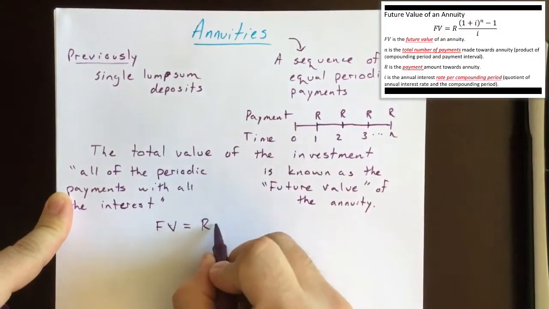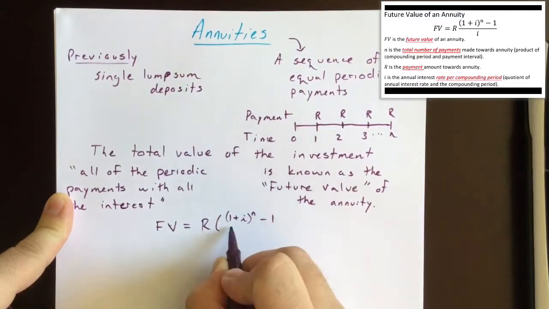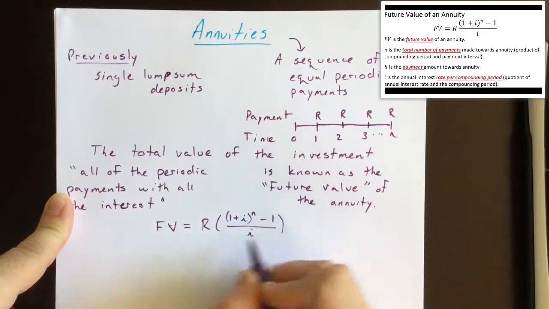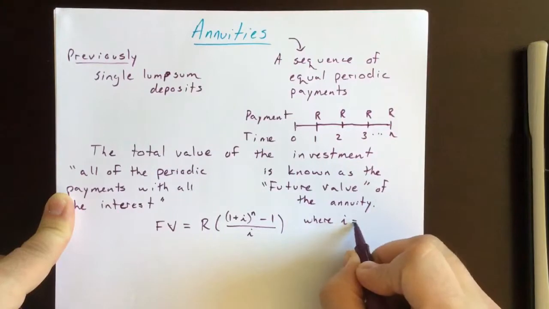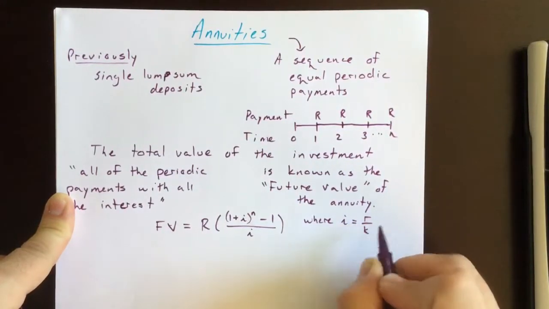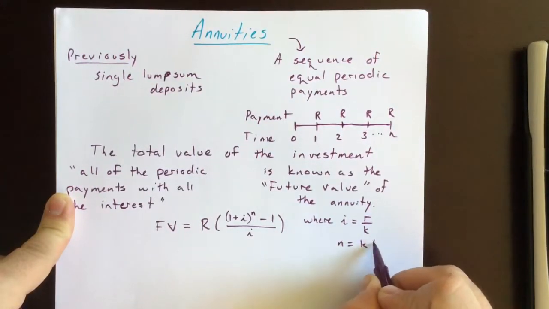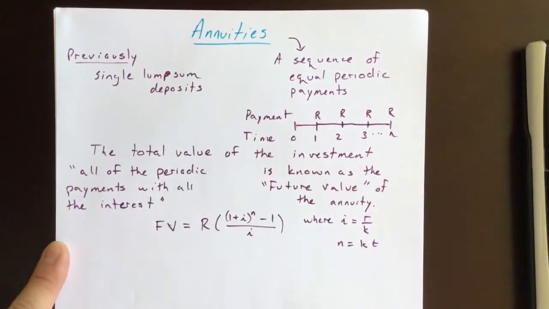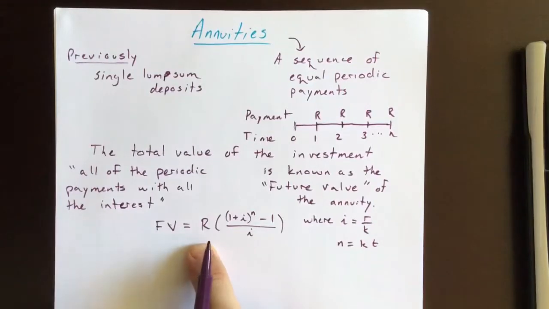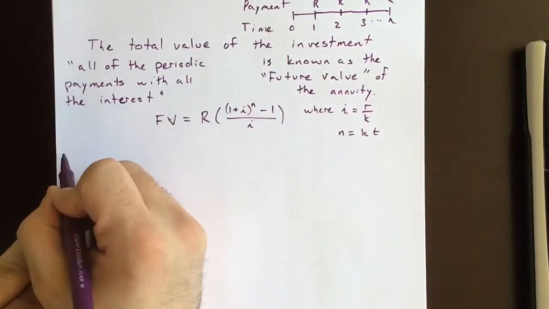And we see that it is R, and we see the I in here and N. So where I is simply the rate divided by the compounding period, and N is the product of the compounding period and the time. Okay? Let's go ahead and look at, I should say R. R is the payment that you're making. So let's look at this situation.